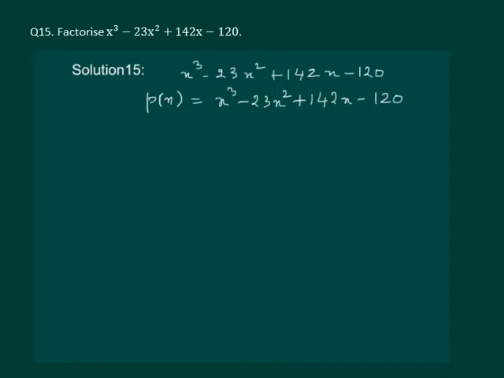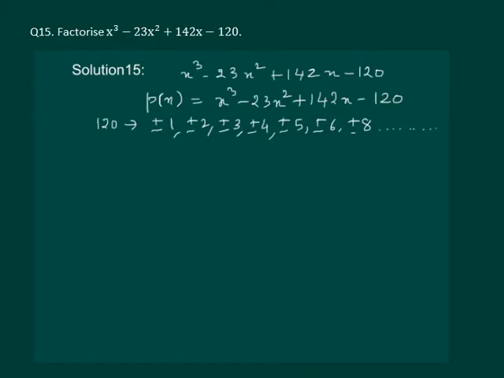We can see that the constant term is 120 and the factors of 120 are plus minus 1, plus minus 2, plus minus 3, plus minus 4, plus minus 5, plus minus 6, plus minus 8, and many more.